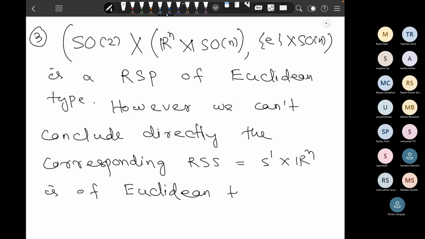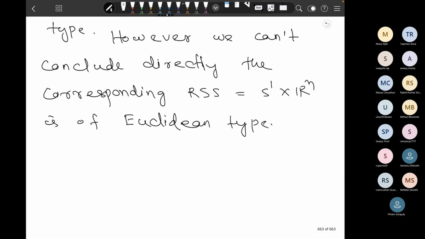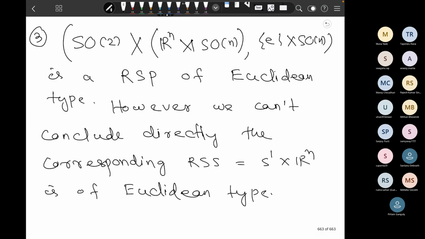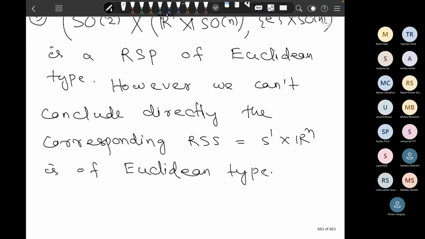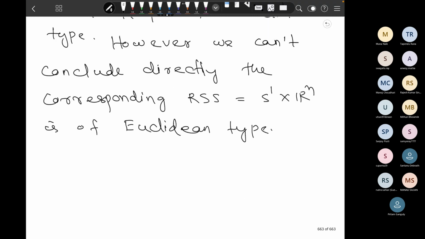And the problem was this: I explained that we cannot directly conclude it. So let me write this. There are two reasons.